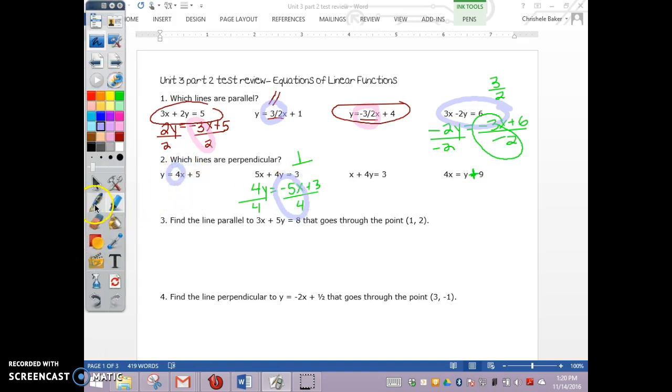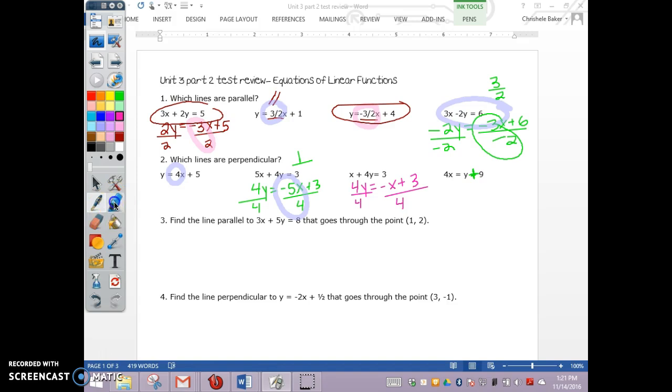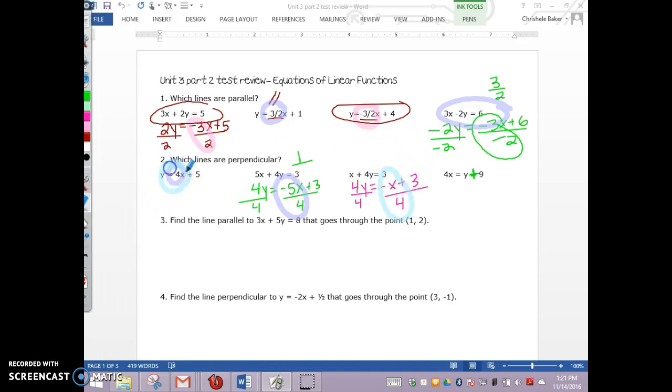Absolutely not. Let's look at this one. I'm going to get y by itself by moving x to the other side and dividing by 4. Is negative 1 over 4 the opposite reciprocal of 4? Yes. So these two are perpendicular.